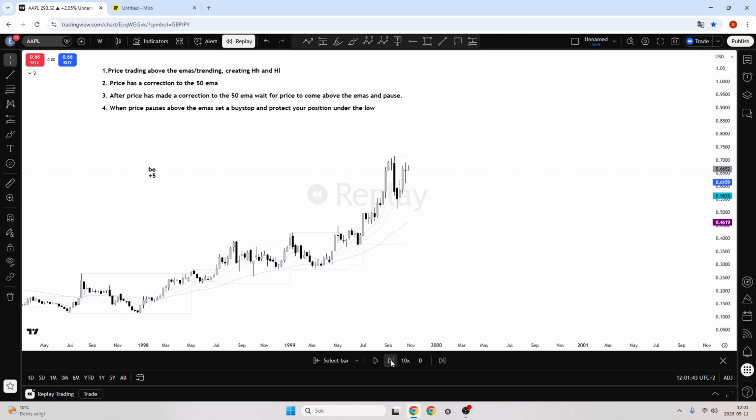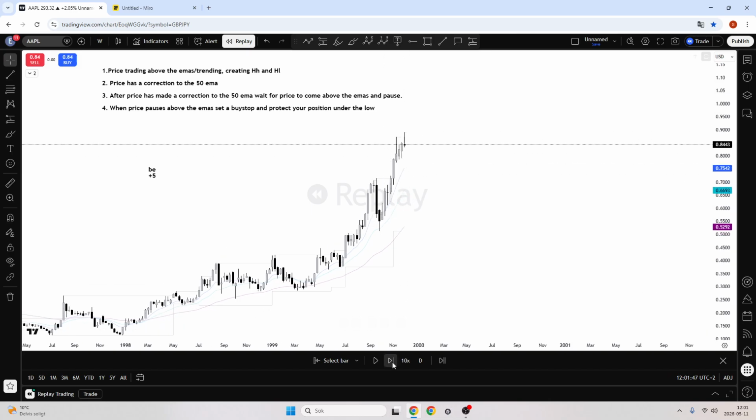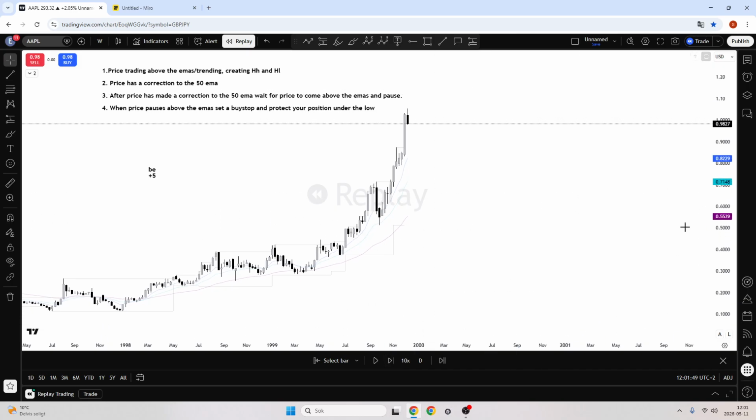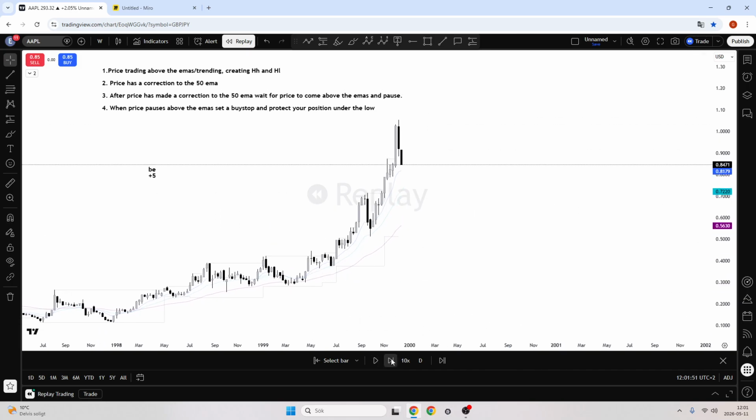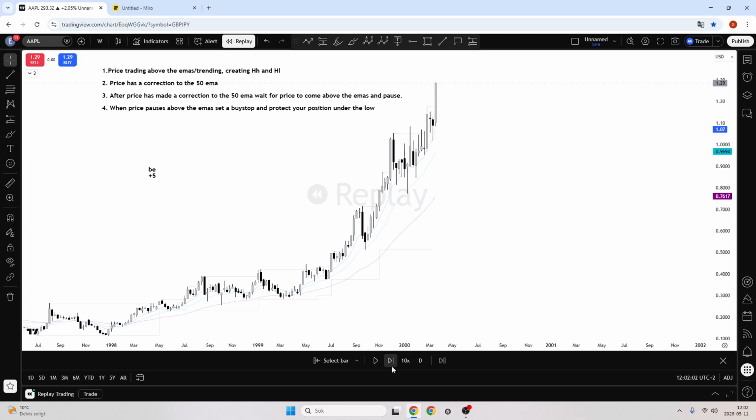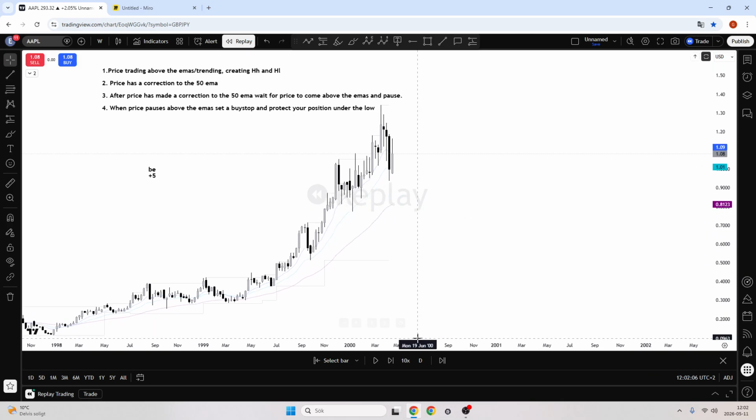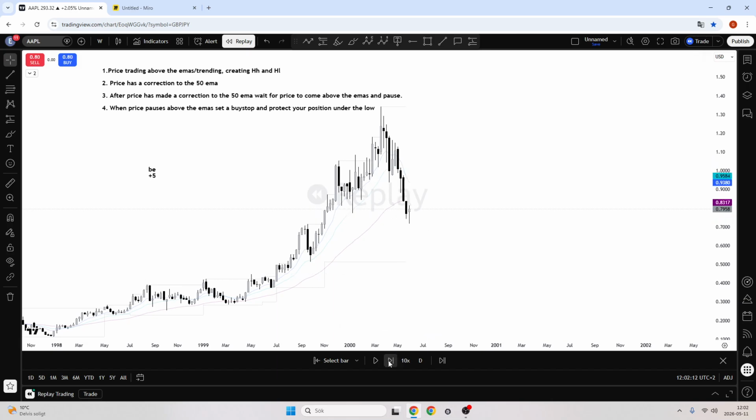So let's wait for the price to come to the 50 MA, because the structure is now super good, I think. So price flushes down to the 50 MA.